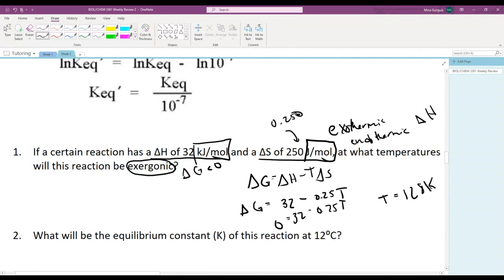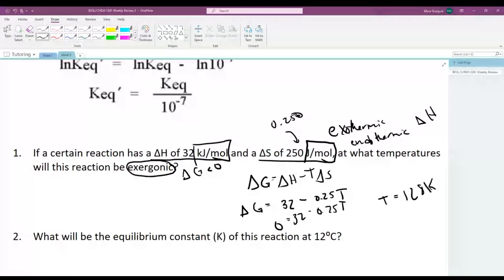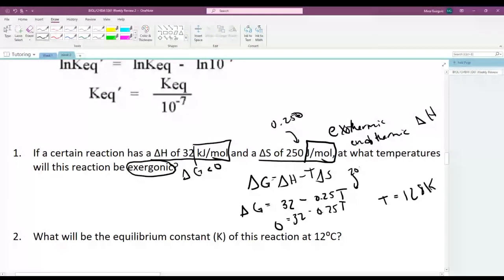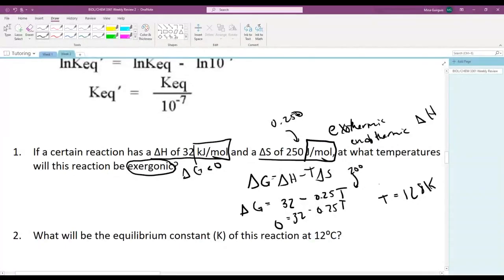Let's think about this. Do I need to increase T or decrease T to make delta G a negative number? What do you guys think? Increase, you're exactly right. And we can prove that to ourselves by just saying, well, I know 200 is greater than 120. Let's plug 200 into here. If that gives us a negative number, great.